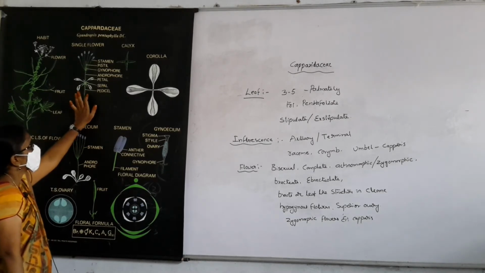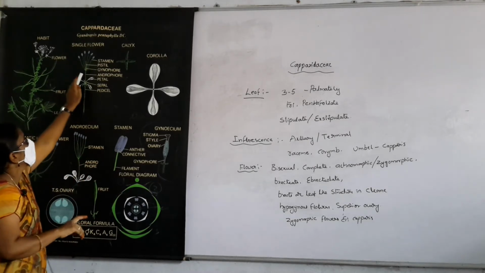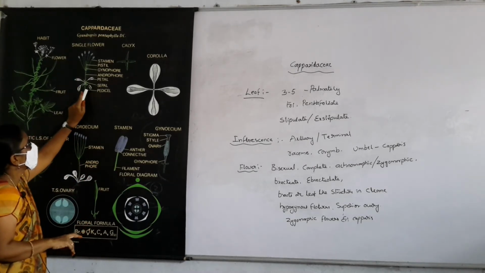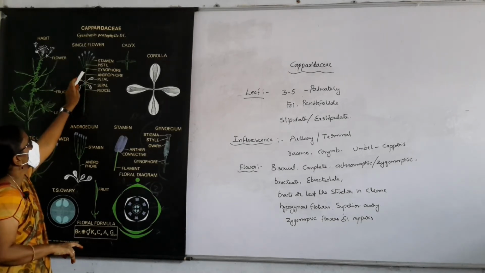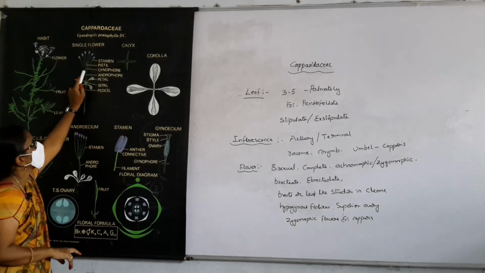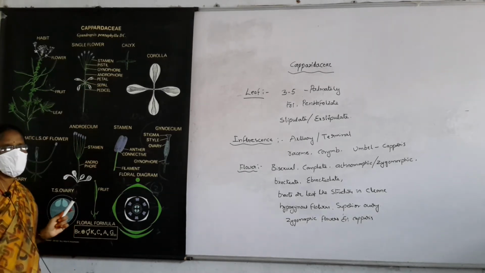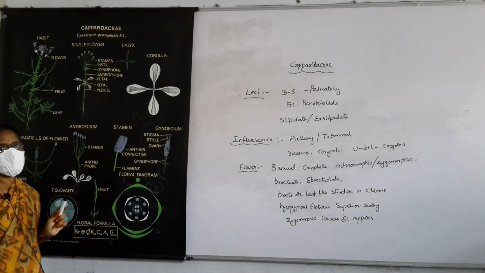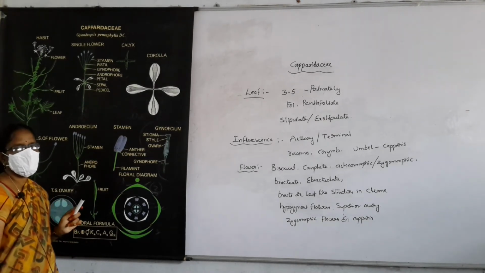In a single flower, this is called bisexual. Bisexual means the stamens are present and the gynoecium is also present; male and female reproductive organs are present in the same flower.